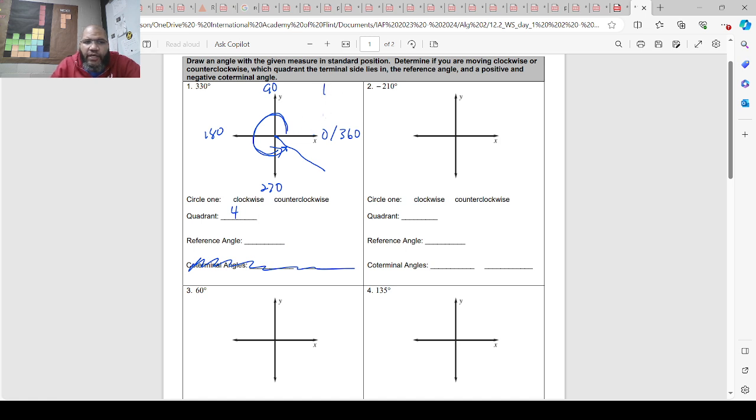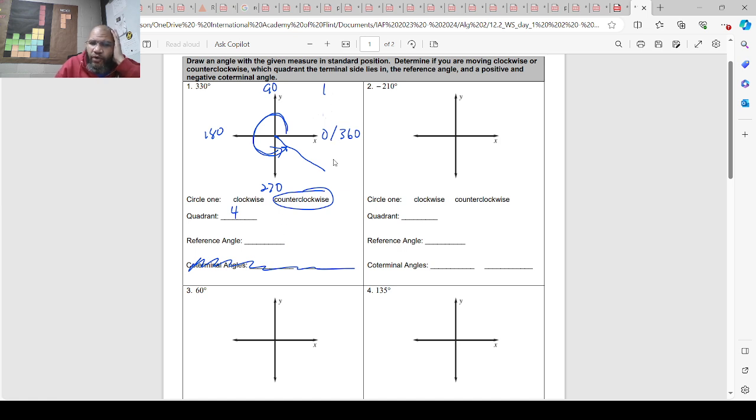So what do we got next? So we got the quadrant is 4. We know that it's going, actually it's going clockwise. No, it's going counterclockwise, sorry. So we got counterclockwise and quadrant 4. So what's the reference angle?